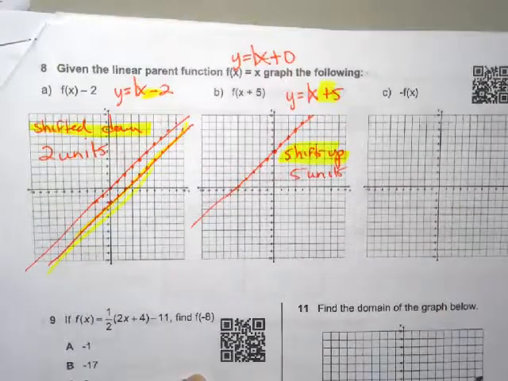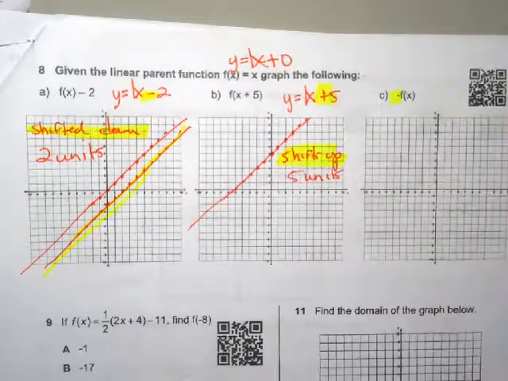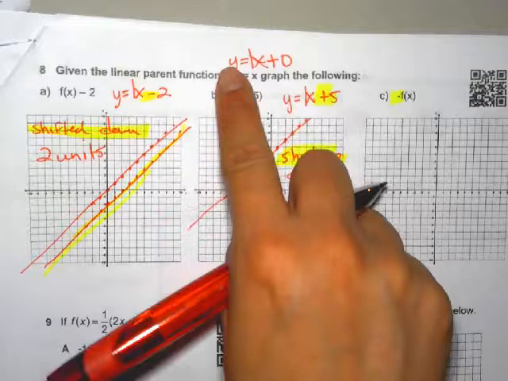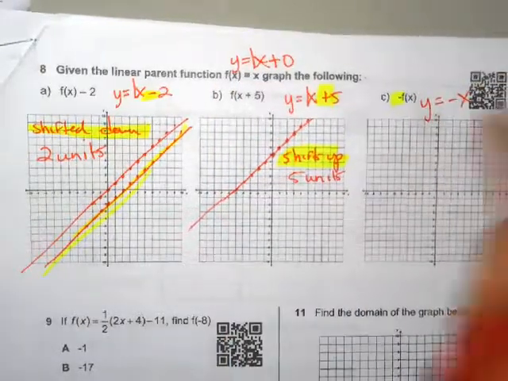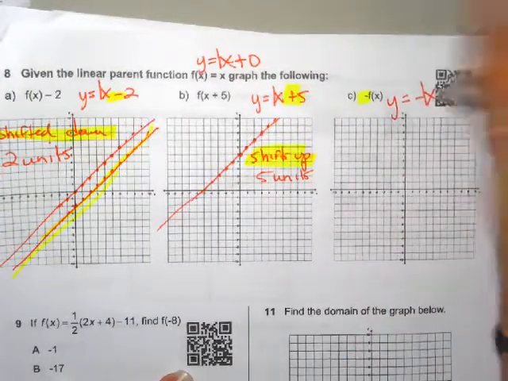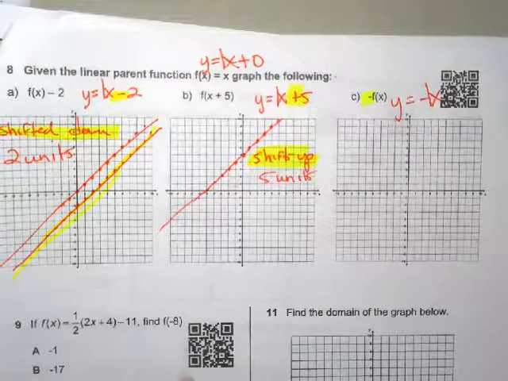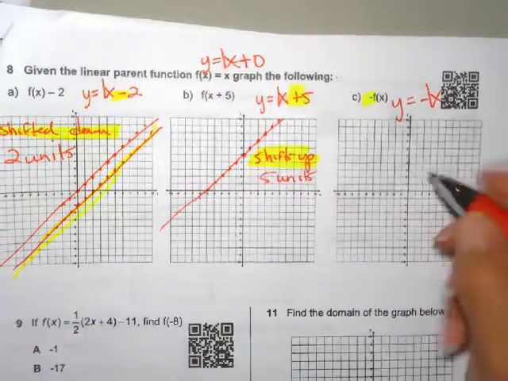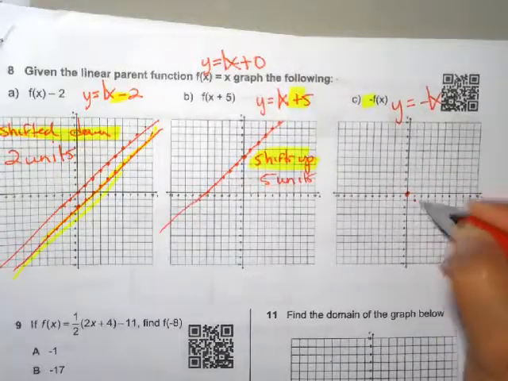Alright, and then the only new thing on C, nothing changes other than you're going to put a negative. So my equation was y equals x, now it's going to be y equals negative x. Again, if there's nothing in front of the x, there's a 1, so my slope is negative 1. But I still start at the y-intercept 0 because they didn't add or subtract anything. So we still start at 0, but now instead of going up, we go down.